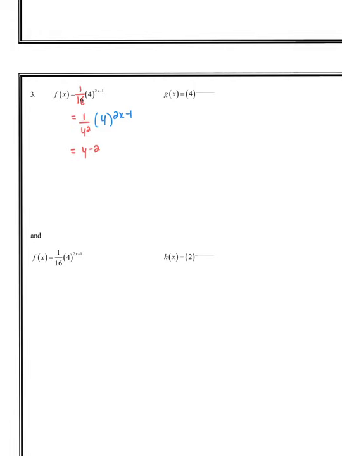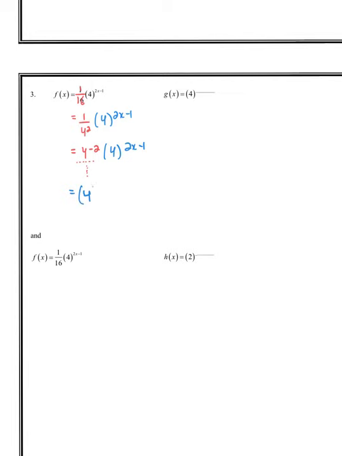Because what I'm doing, and I'm going to do this in dotted because you don't want to write that, is 1 over 4 becomes 4 over 1. You can flip the base and then change the sign on the exponent. And then again, I still have this part here in blue, 4 to the 2x minus 1. Now I'm going to use the exponent rules.